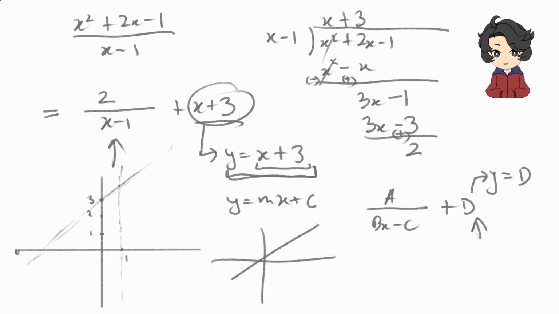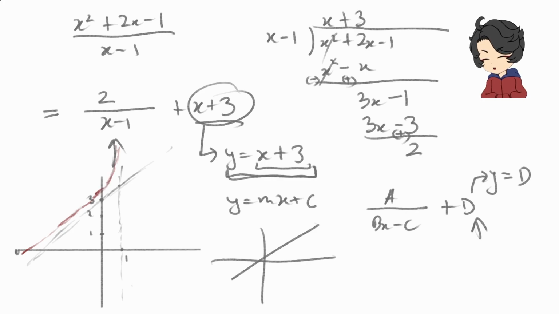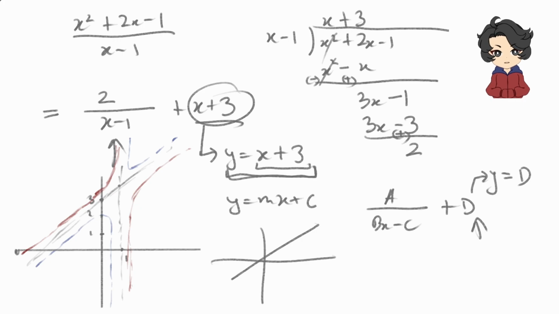In this kind of situation, you actually end up with two types of rational functions. You either end up with a function like this, or you could end up with a rational function like this where it flips around. So how do you even figure out which one it is? Which pair of rational function is it?